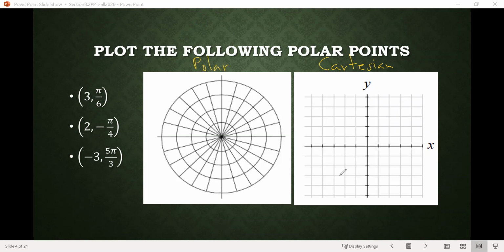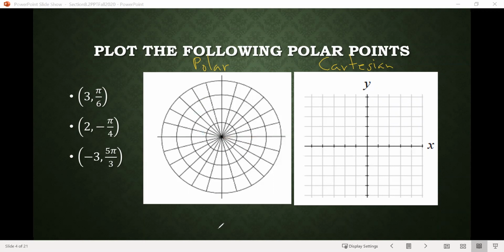Okay, and you can see how they're a little bit different, but you also hopefully see how it's related to what I was just talking about on the previous slide. So when we plot points in polar, we go out a certain distance, a radius distance out from the origin, and then we rotate around some angle, theta. I have some points here that we'll look at doing this with.